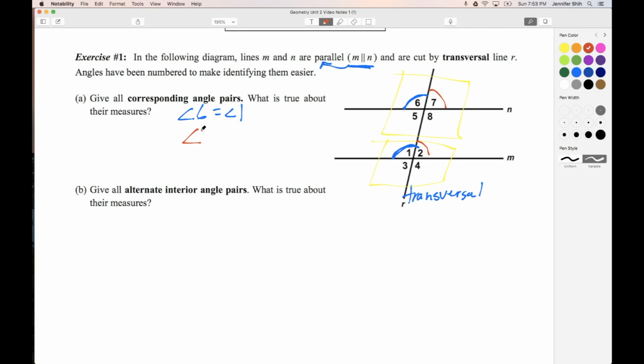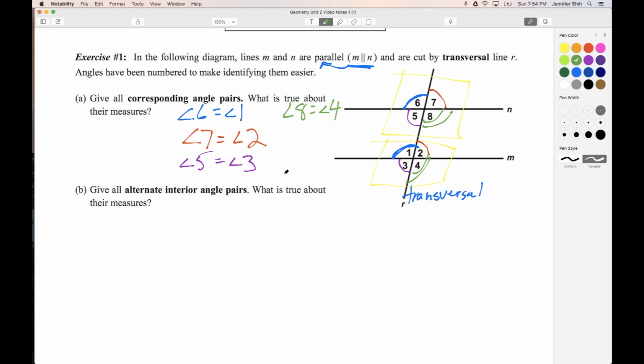So angle 7 is equal to angle 2. And then we have the bottom left hand corner. Angle 5 is equal to angle 3. And we have the bottom right hand corner. I'll put 2 lines here. So angle 8 is equal to angle 4.